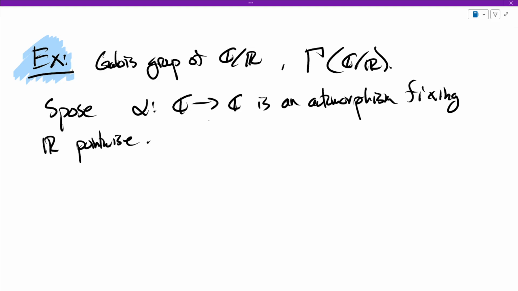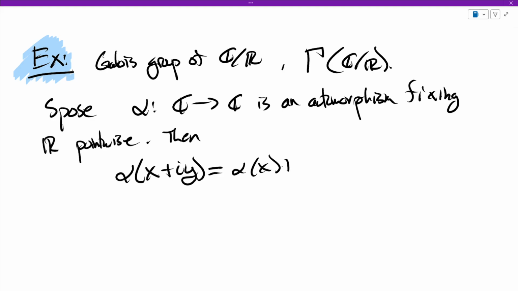So what do elements of C look like if we want to view it as an R vector space? Elements of C look like x plus iy, right? So what must be true? Well, alpha, if it is such an automorphism, we don't really know anything about it besides it's compatible with addition, it's compatible with multiplication, and it fixes R pointwise. Since it's compatible with addition, we can break it up under addition. And since it's compatible with multiplication, we can break the second term up under multiplication.